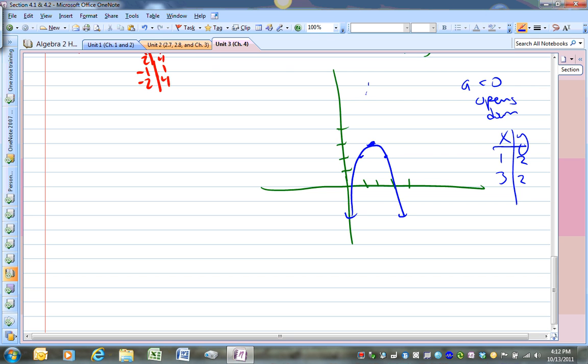So you're probably like that. And by the way, these are called parabolas. So you have x equals 2 as the axis of symmetry. And the coordinates are 2, 3 for your vertex.